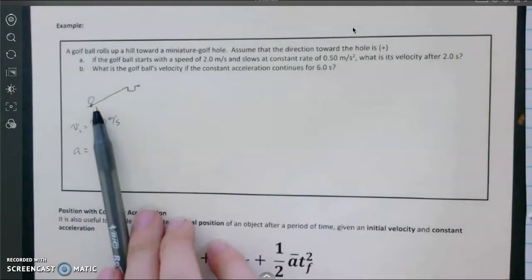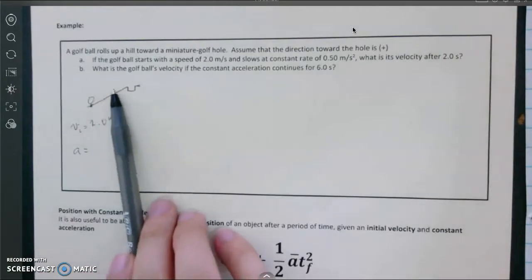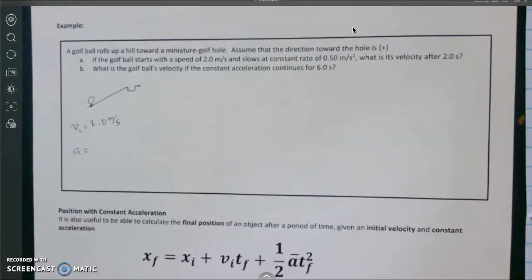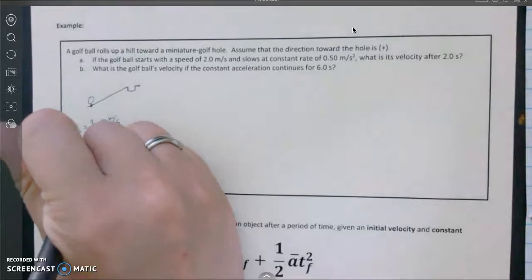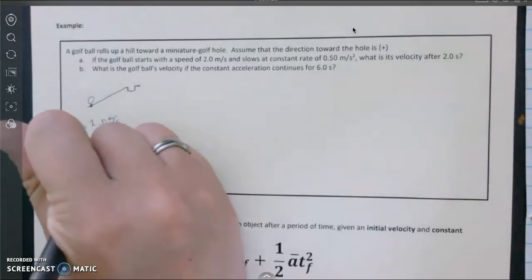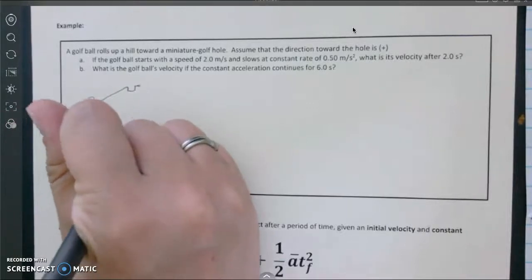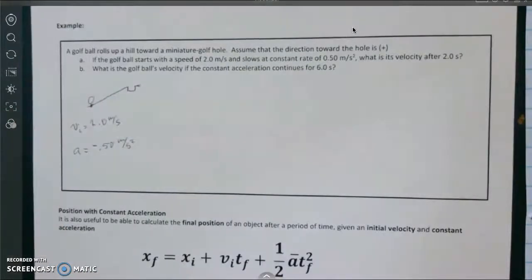When our velocity is positive and we're slowing down, our acceleration has to be negative. So it's accelerating at a negative 0.5 meters per second squared.